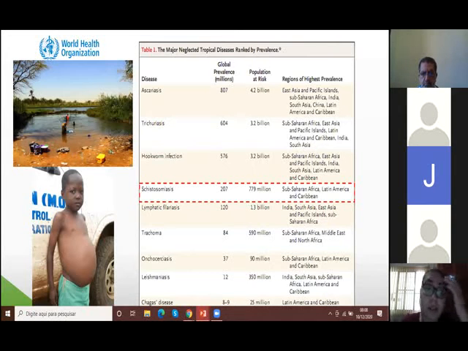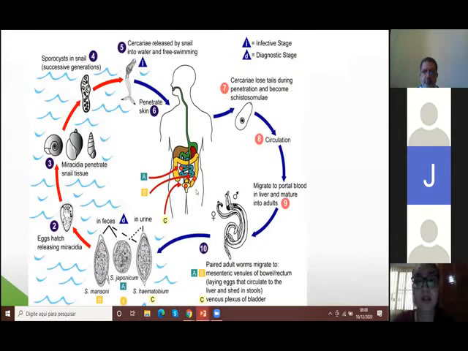A little about the life cycle of this disease. The definitive hosts of the cycle are mammals. The person infected with schistosoma defecates and eliminates the eggs.